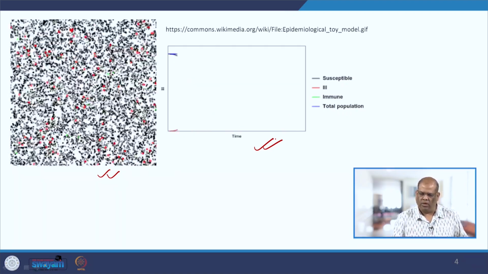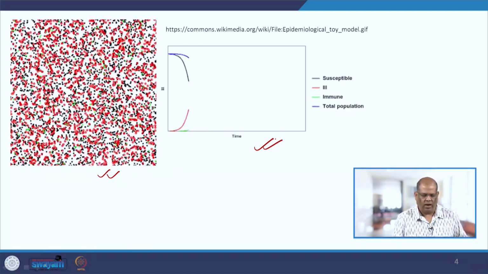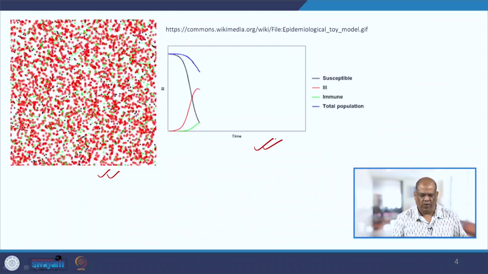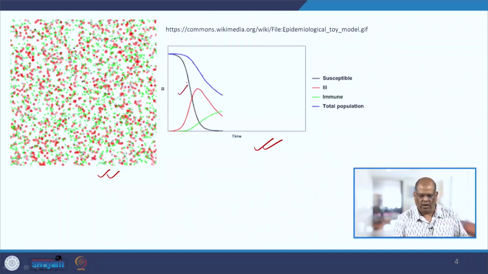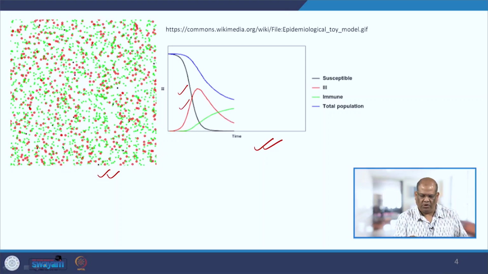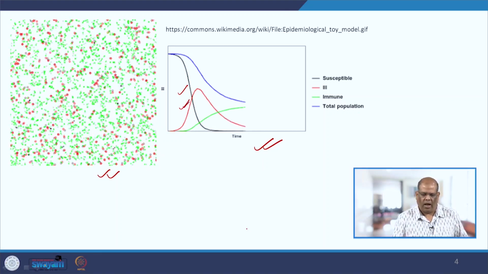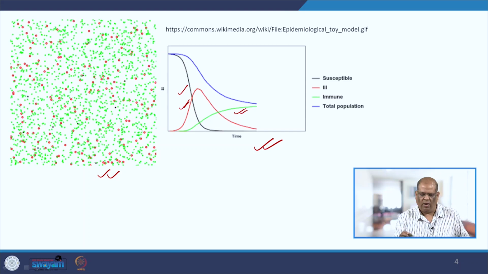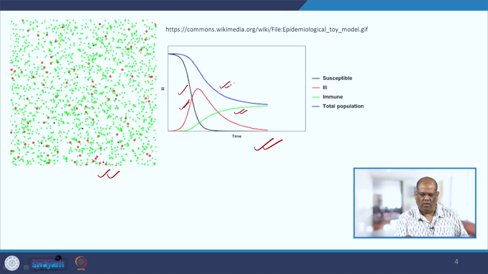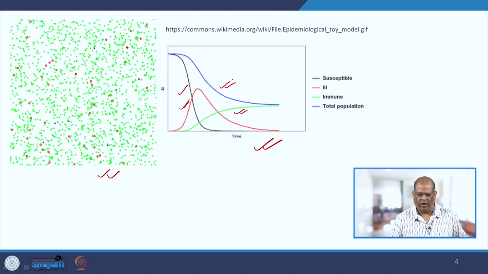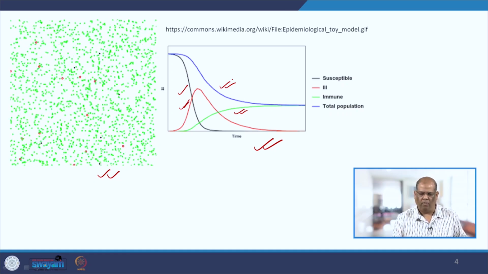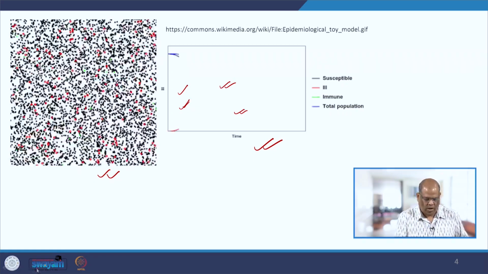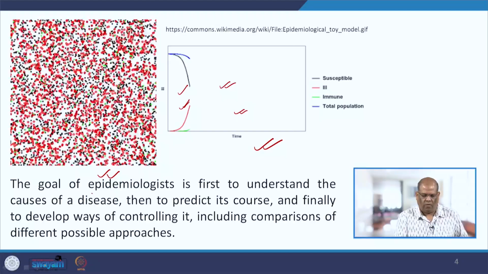These are the susceptible ones, and they are getting infected very fast, which is the red one. Here you can see that the susceptible is coming down, the infectious is growing up, then this green one is the recovered one, and this is the total population that has been infected. So this is what the mathematical model gives you.